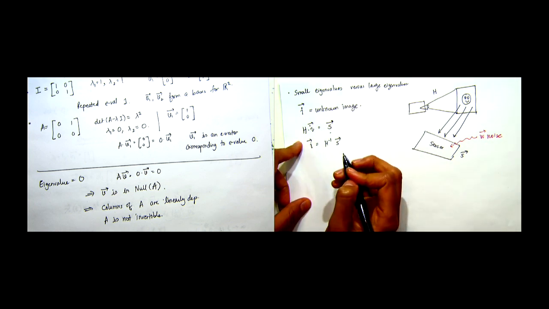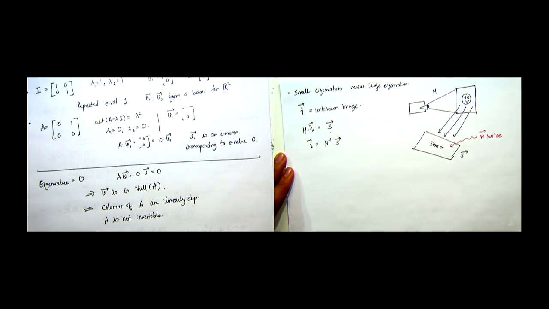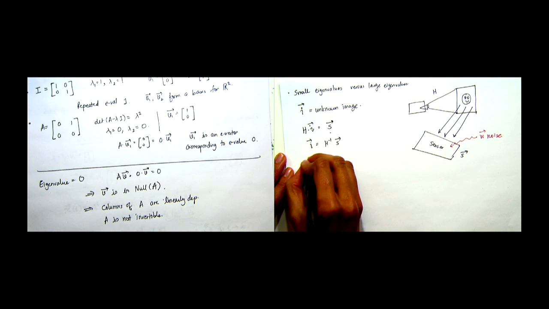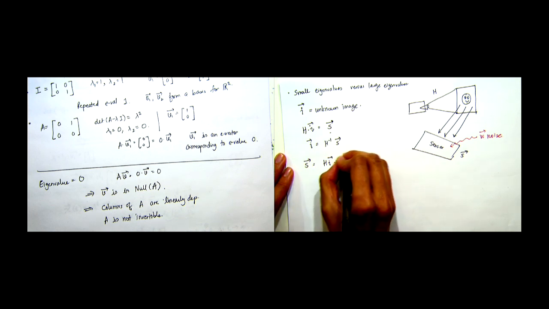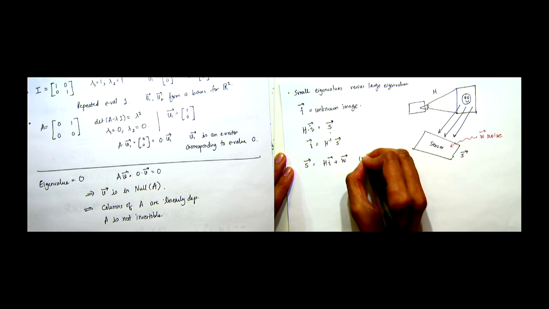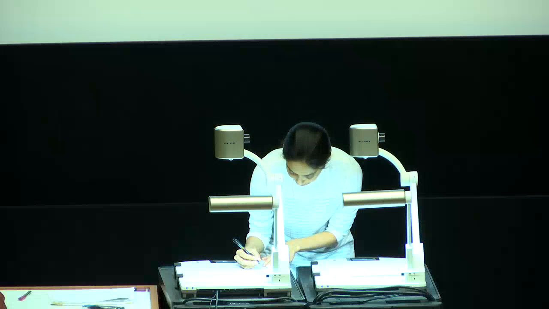So what you think is your S is basically your H times I, but actually what you're getting is S equal to H times I plus some noise W. And now, when you try and apply H inverse, what happens?